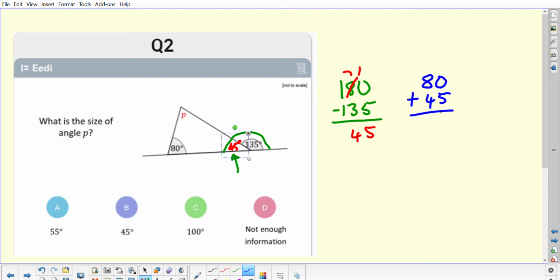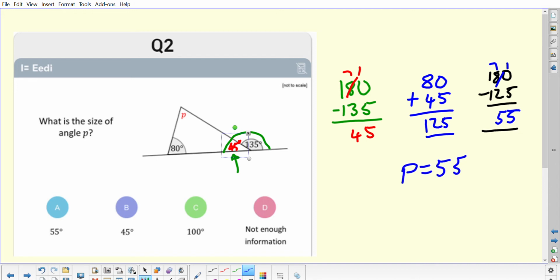That would give you 125 degrees, and then you need to take that away from 180 to get your angle of P that you're looking for at the top there. So if you've done that, you'd have ended up with 55 degrees, which would be our value for angle P, and that was answer A.